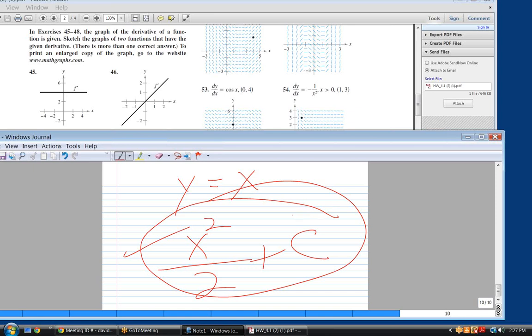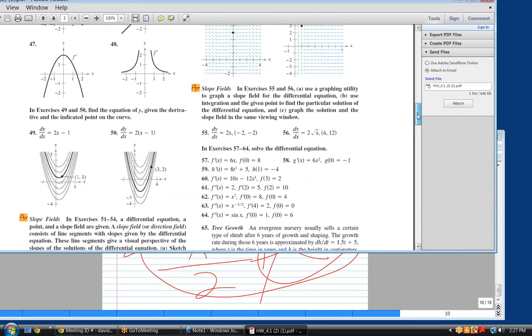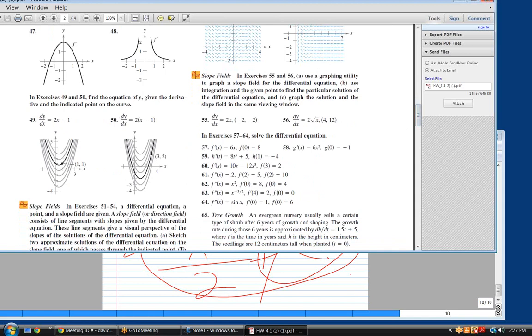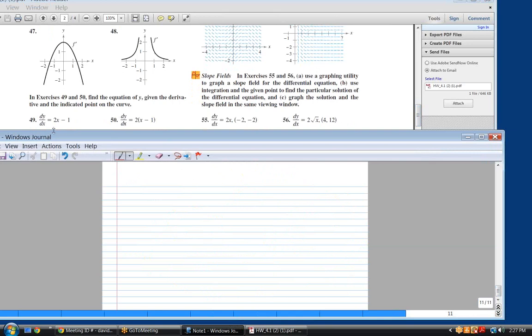And of course we can have two different c's, or an infinite number of c's. So the key to each of these problems is let's figure out the equation of what we're looking at here. And then once we figure out the algebraic equation of it, it's real easy to take the antiderivative of it.